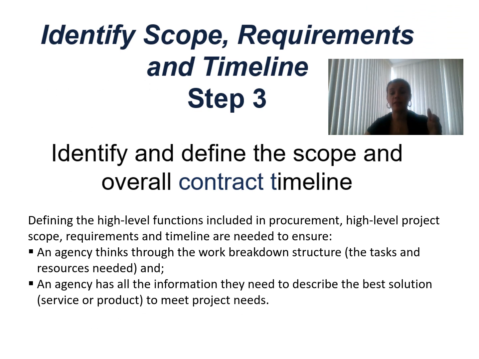Step 3 is to identify the scope, requirements, and timeline. You already have some information from the previous steps, and you have some information to complete in this step. This step will help you define the high-level functions, including procurement, the high-level project scope, requirements, and timeline that are needed. It makes sure that the agency thinks through the work breakdown structure and also has all the information it needs to describe the best solutions to meet project needs.